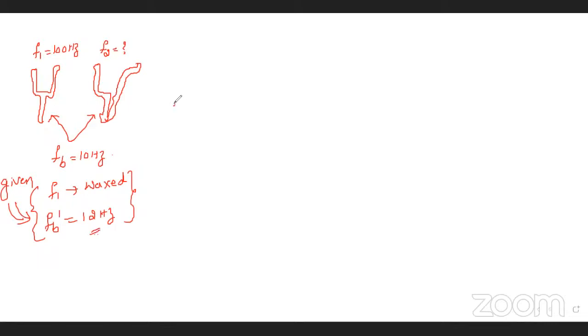Now, according to your concept, beat frequency should be the difference of the two tuning forks. Either FB equals F1 minus F2 or FB equals F2 minus F1.